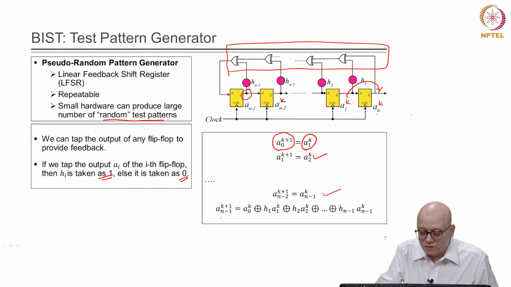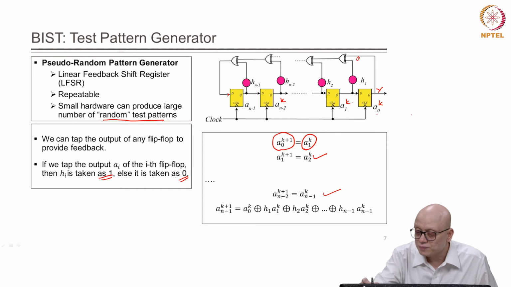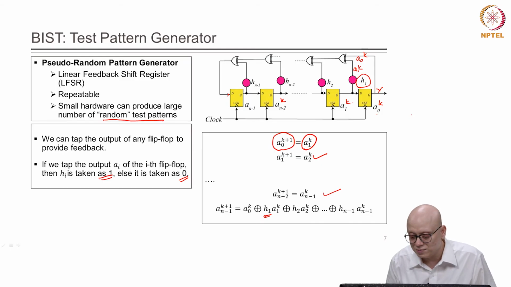So the value of the flip flop An-1 in the k+1 clock cycle will be the XOR of A0k, the first one, and then H1 A1k, assuming H1 is there, that is, if it is being tapped, then this term will exist.